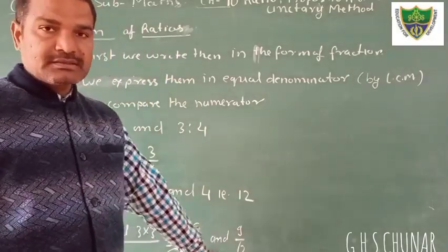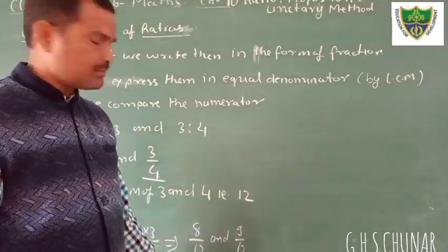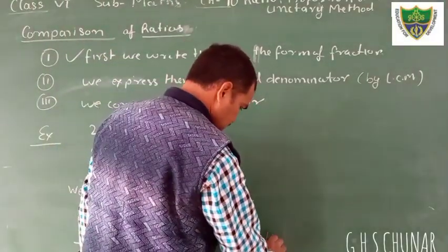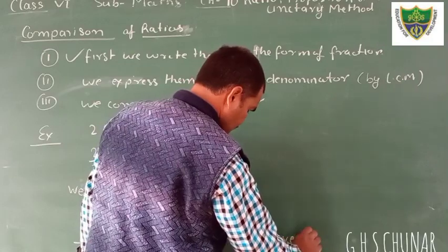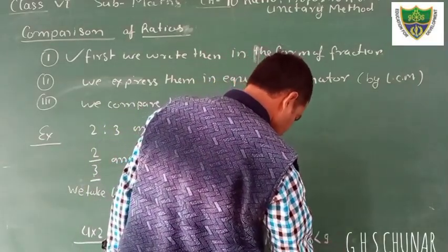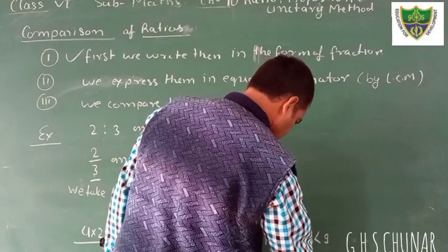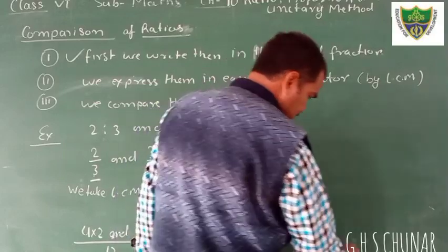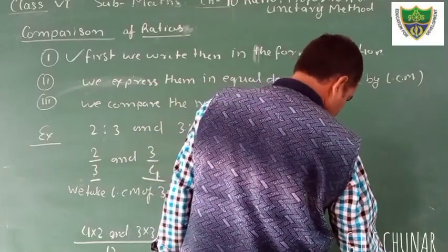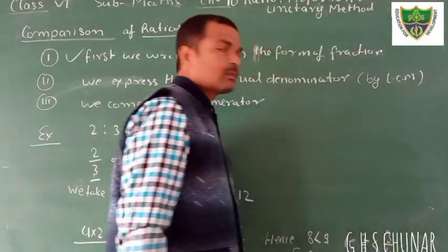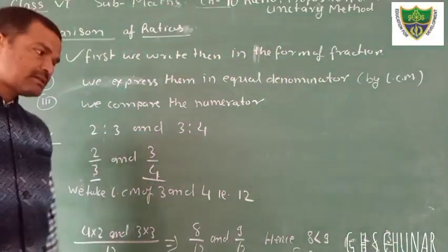Now the denominator is the same, so we compare the numerators. 8 is less than 9. So 8 upon 12 is less than 9 upon 12, that is, 2 upon 3 is less than 3 upon 4. Okay? That's clear?